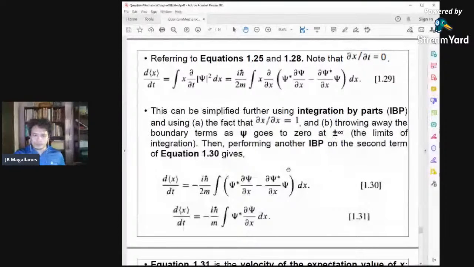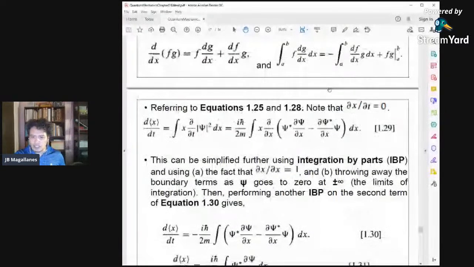So this derivative becomes this one. You integrate this, the f here becomes x, and the d over dx here becomes this one, and your g is just this one, and your dx is of course dx, and that is equal to this.